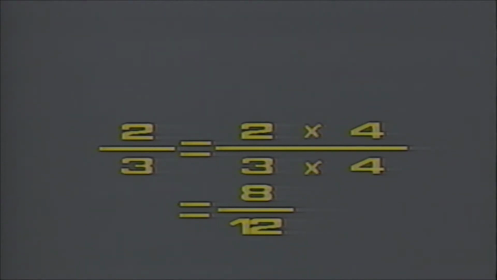So, also multiply the numerator 2 by 4 to find the numerator in the equivalent fraction. 2 times 4 equals 8. So, the answer is 8/12. 2/3 equals 8/12.